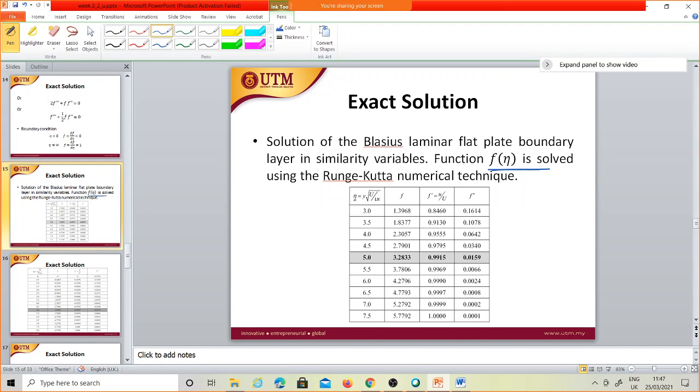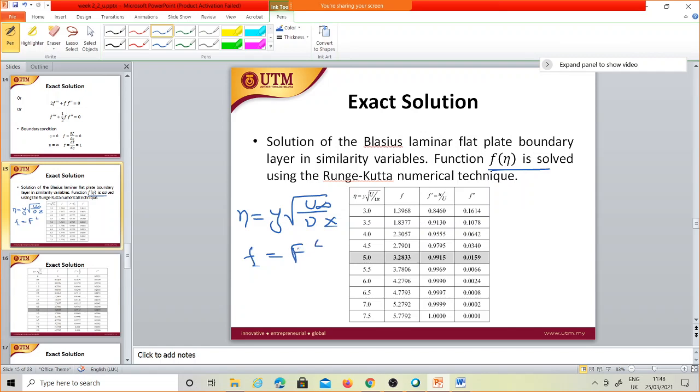In this case, eta is equal to y times g, and g, you remember, is the square root of u infinity divided by mu x. So that is already there. And then F, in this case, F is actually capital F prime.